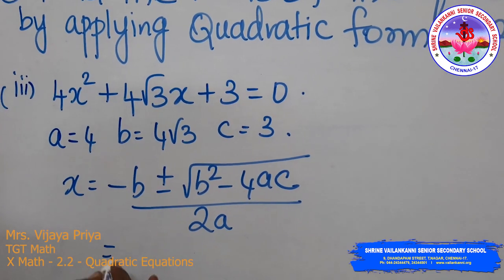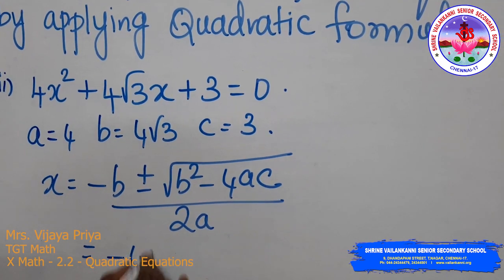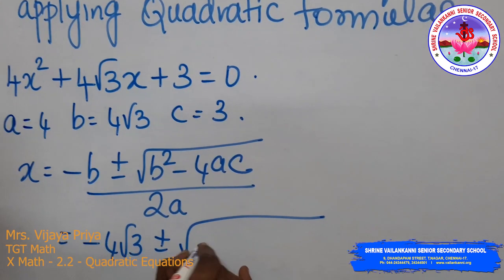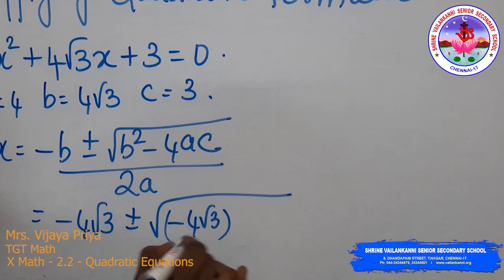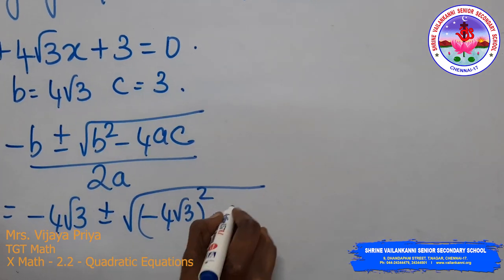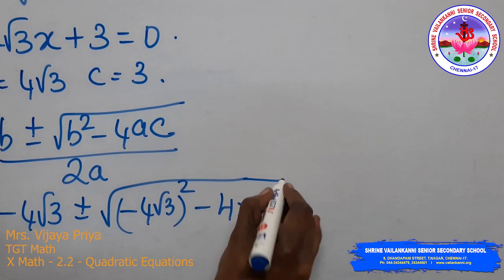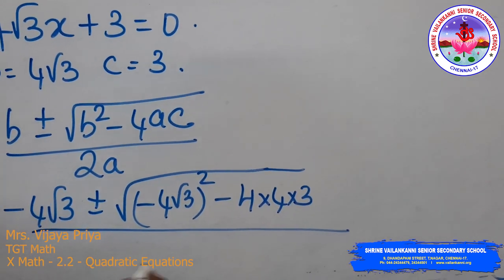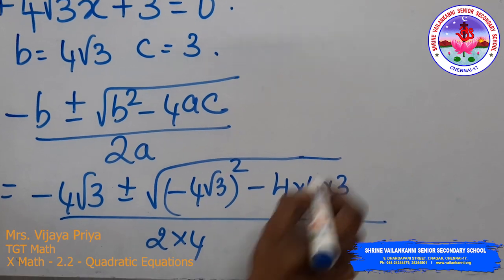So I am substituting the values here. Minus of b is minus 4 root 3, plus or minus square root of minus 4 root 3 the whole square, minus of 4 into a is 4, c is 3, the entire divided by 2 into 4.